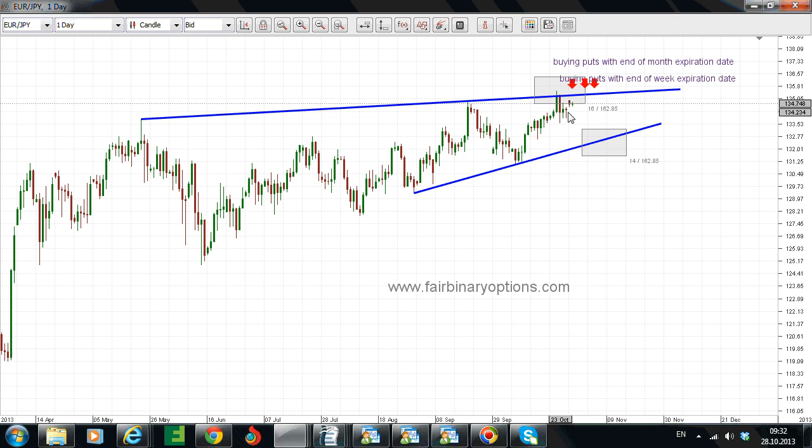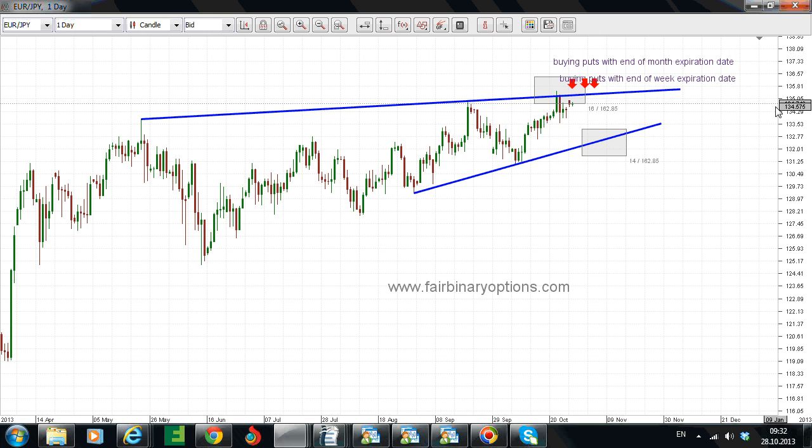It might be that the last leg here still makes a new high, but in the long run, and given the fact that end of month is coming, we are looking at this to be successfully in the money. Again, in order for a put option to expire in the money, you need price to go to the downside, and at the expiration date to be lower than the striking price. Now, what is the striking price?